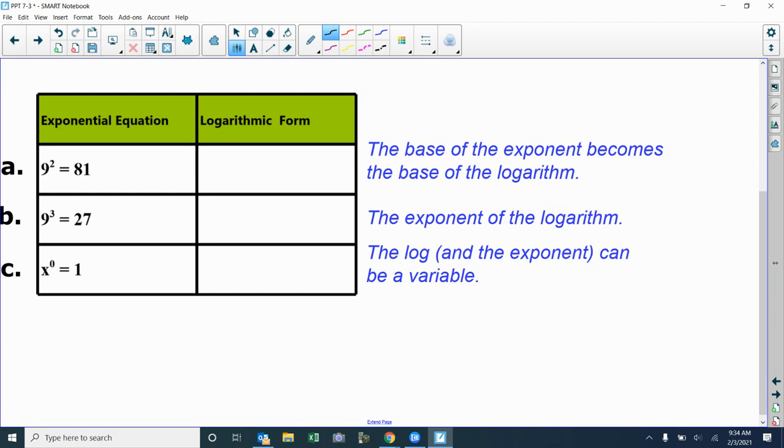We have an exponential. We're going to write the logarithmic. Yeah, this is wrong.